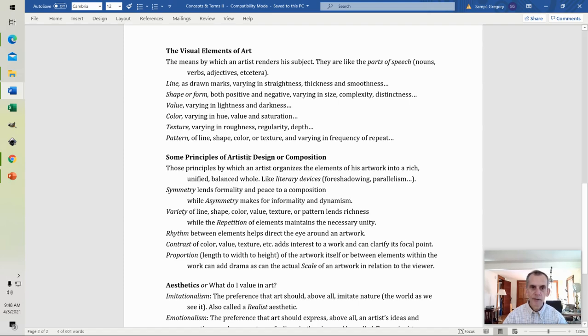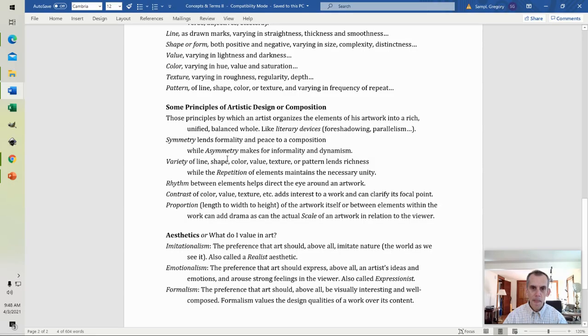Okay. So you've got all these elements, these lines and colors and shapes, but we will compose them in a certain way. And even unconsciously, children make up compositional principles as they work. They want to put a lot of variety into something or make it symmetrical for a certain feel.